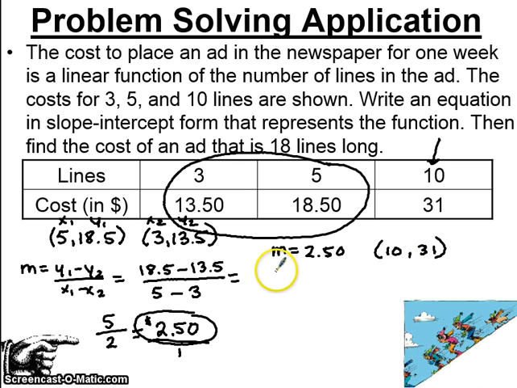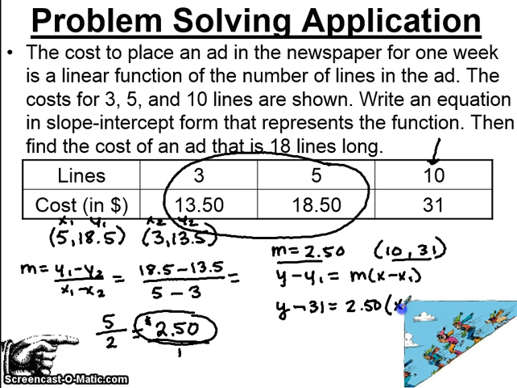So we can use y minus y1 equals m times x minus x1. Since we know a point and a slope, we're going to use point slope form. So we have y minus y1, which is 31, equals 2.50 times x minus x1, which is 10.